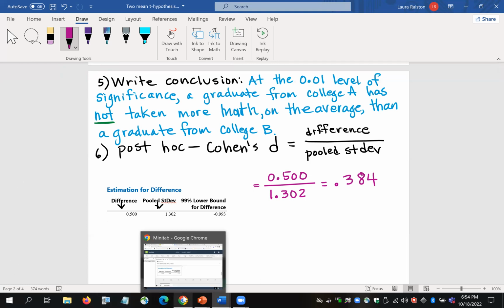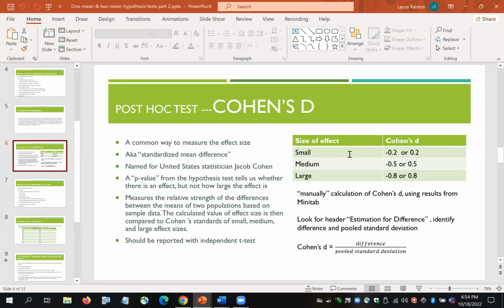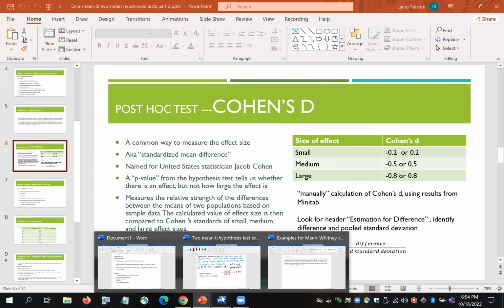Now, if I come back over here to this table on my PowerPoint, you may be scratching your head because you're going, well, Miss Ralston, it's not 0.2 and it's not 0.5. It's between 0.2 and 0.5.